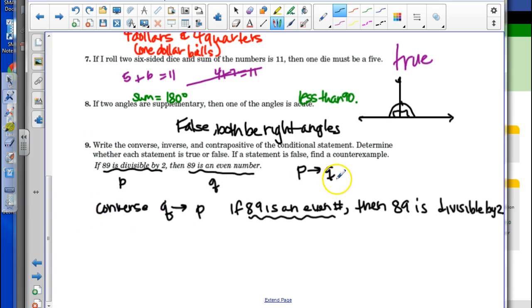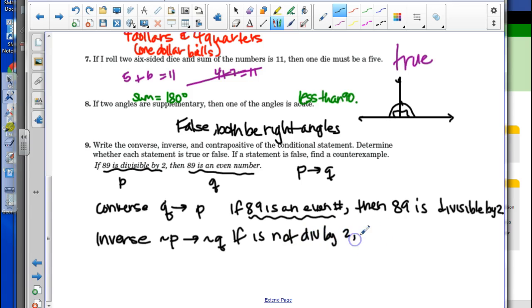All right, so let's go on to the inverse. The inverse says not P implies not Q, or if not P, then not Q. All right, so remember P was 89 is divisible by 2, so not P. If 89 is not divisible by 2, then 89 is not an even number.